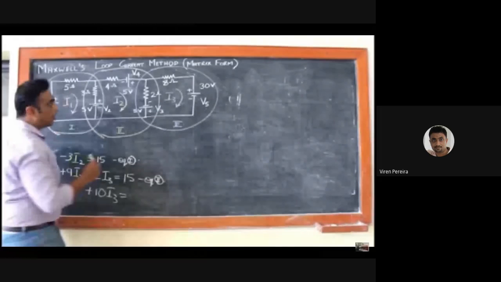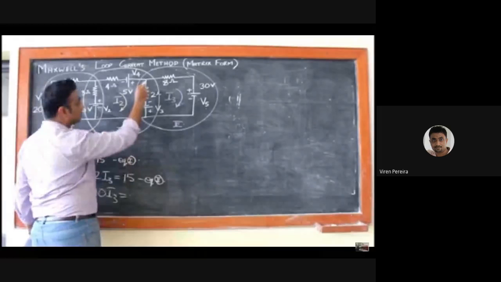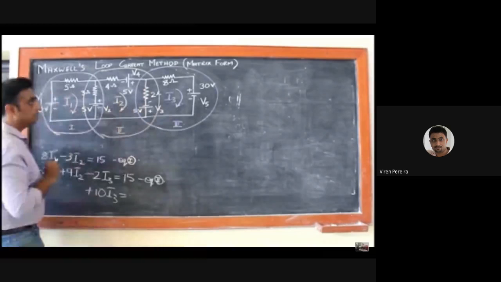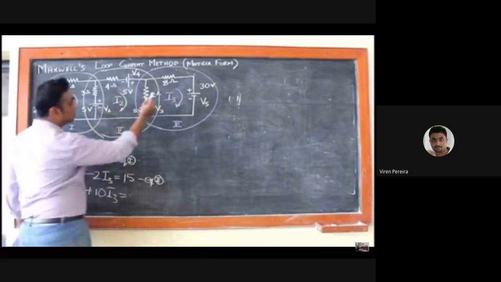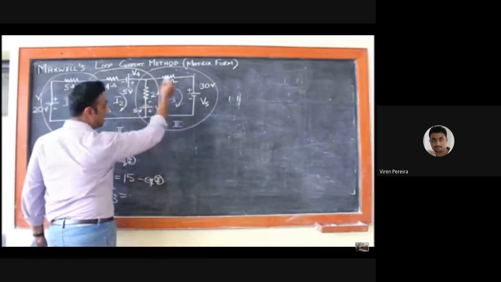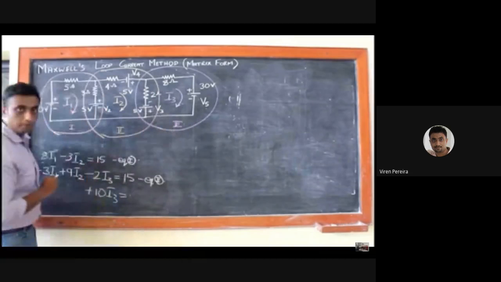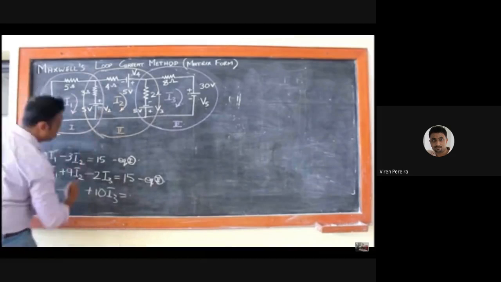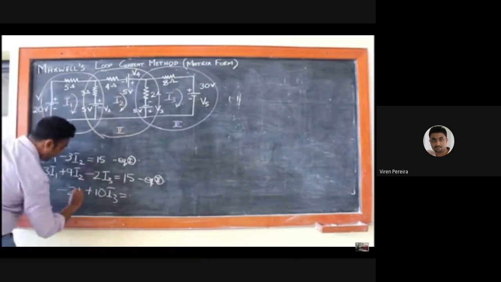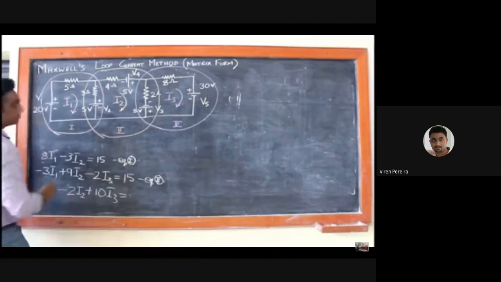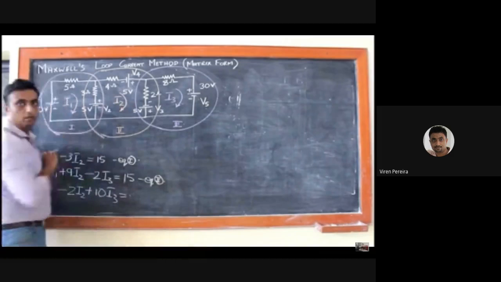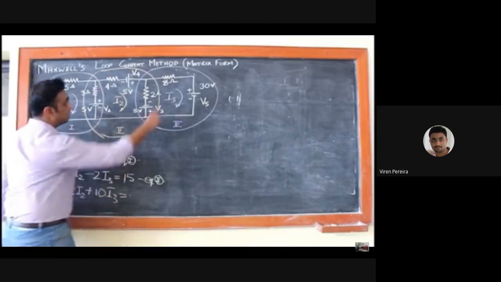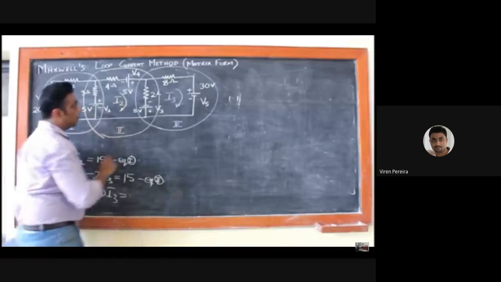But as we see, the 2 ohms is in between I2 and I3, so there is even a current I2 flowing in the 2 ohms resistor. So any current other than the I3 loop will be taken as minus. So that's why we have minus 2 I2. There is no I1 because it is not dealing with the loop. So we have minus 2 I2 and we have plus 10 I3.